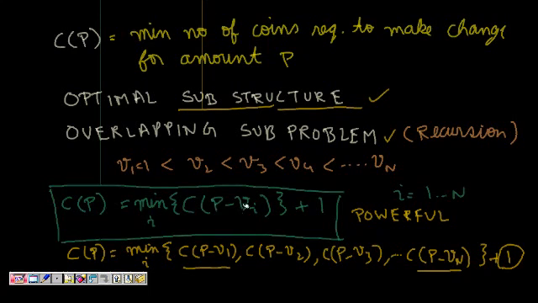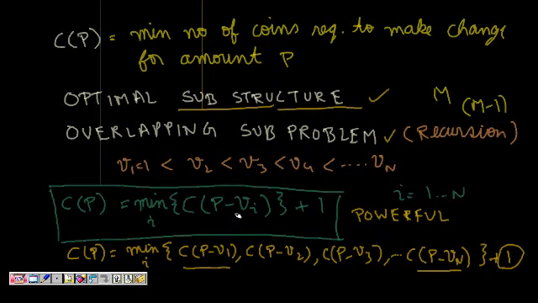So this is basically choosing the last coin. If I have to calculate P, say the minimum number of coins required is some M. So I already know for M minus 1 what the minimum number of coins is.